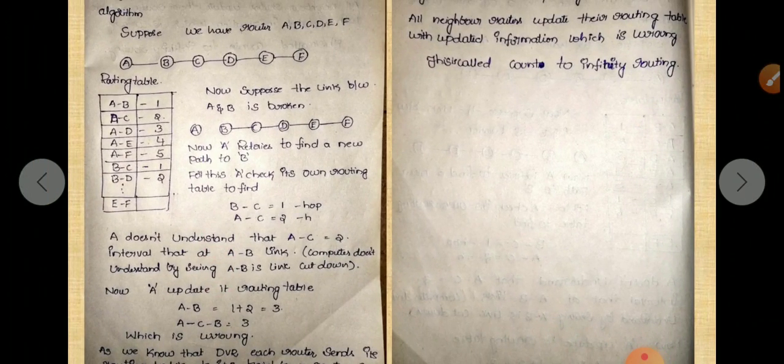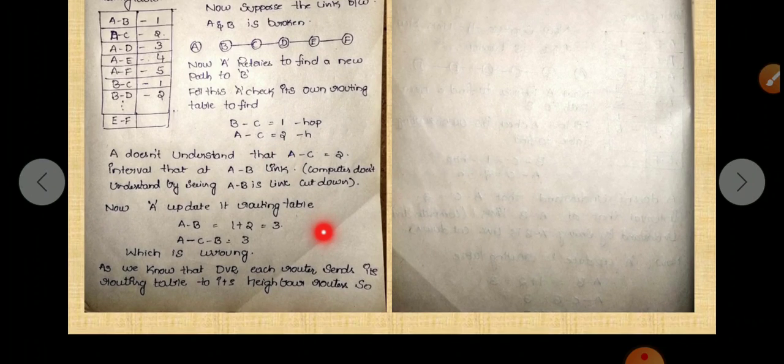Now A updates its routing table. A to B is equal to 1 plus 2, which is 3, meaning A to C and C to B is 3. Like this it updates its routing table, which is wrong. As we know, each router in DVR sends its routing table to its neighbor routers.